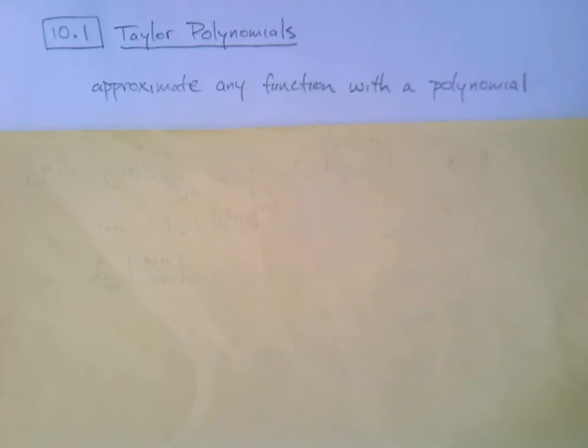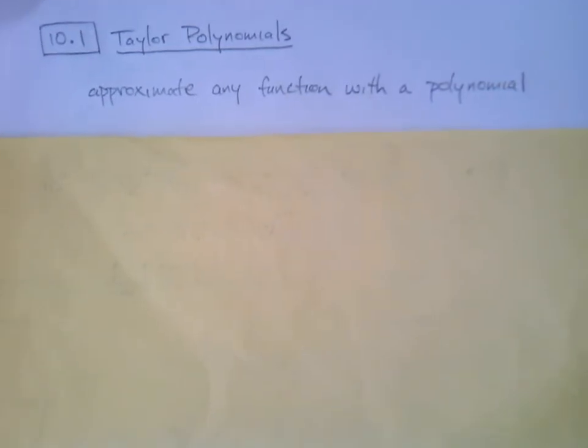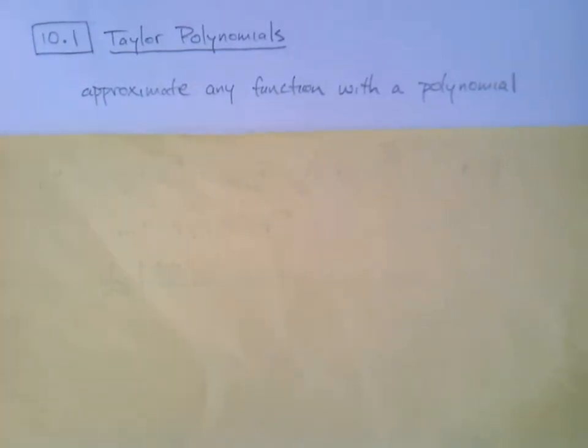Okay, what's the idea? What is so interesting and new and applicable about Taylor polynomials? We're going to approximate any function with a polynomial. Any function. So I'm talking about e to the x, natural log of x, sine of x, cosine of x. Why stop there?